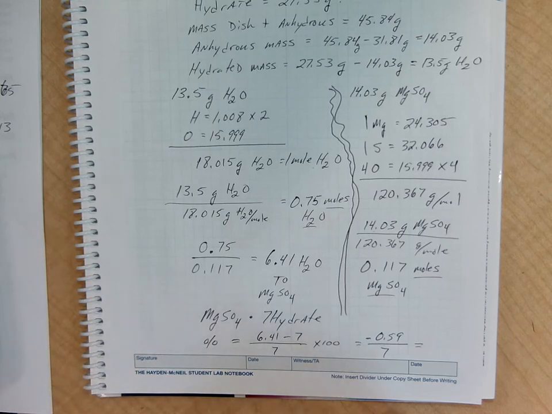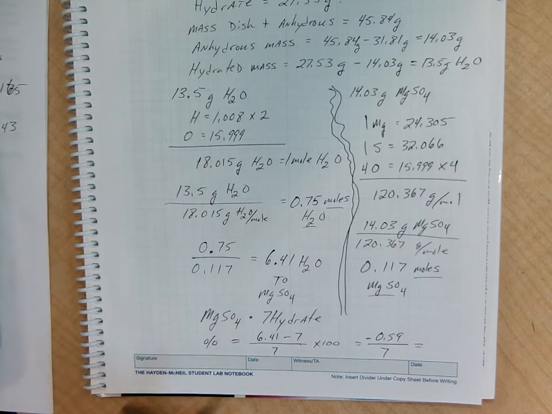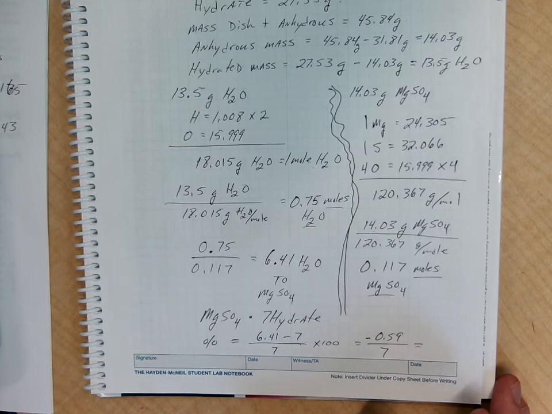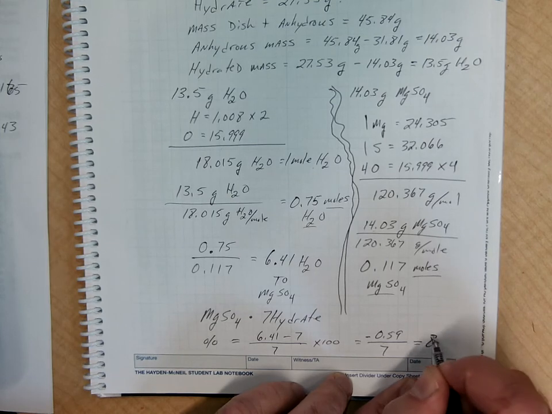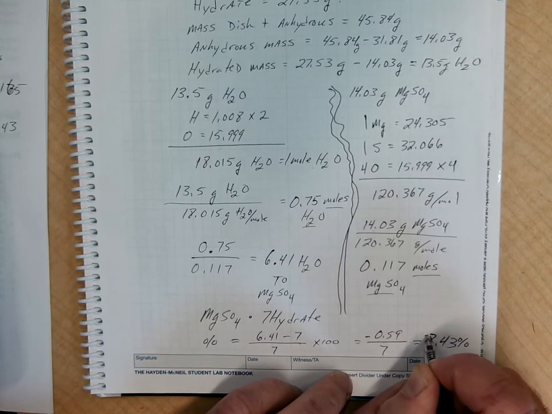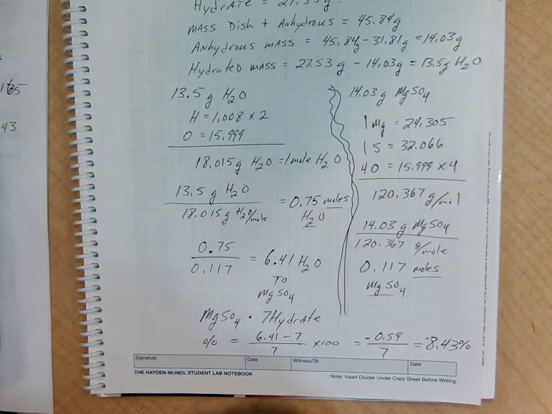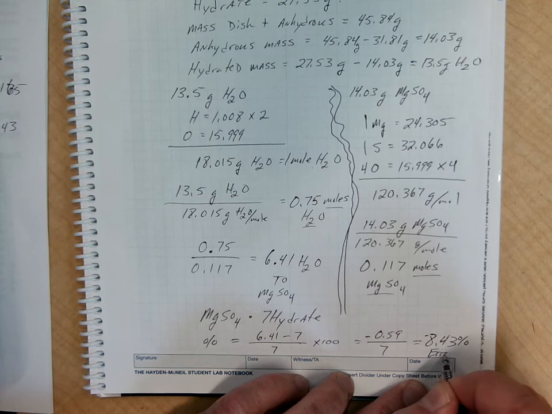If I take 0.59 divided by 7, I get 0.0842428. So that as a percentage is 8.43%, and it would be negative because we were below the accepted value.